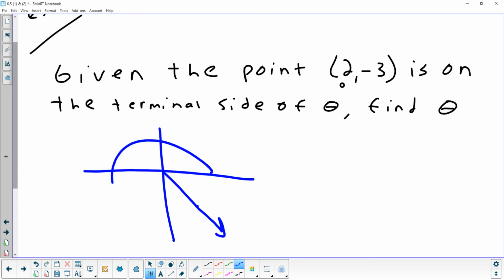My goal is to find this. What I'm going to find first is that. That's my reference angle. So let's make a triangle. This side is, let's see, that's my 3, that's my 2. What's my hypotenuse?